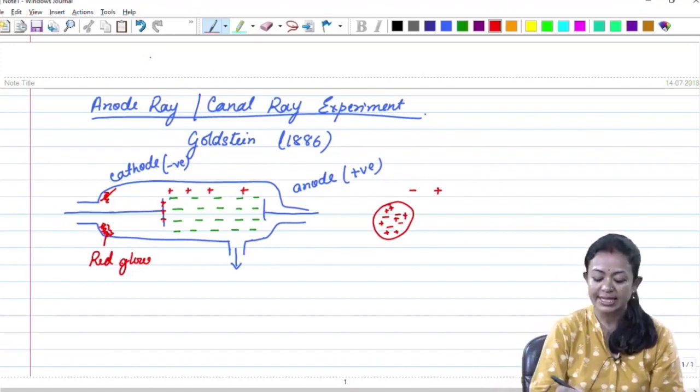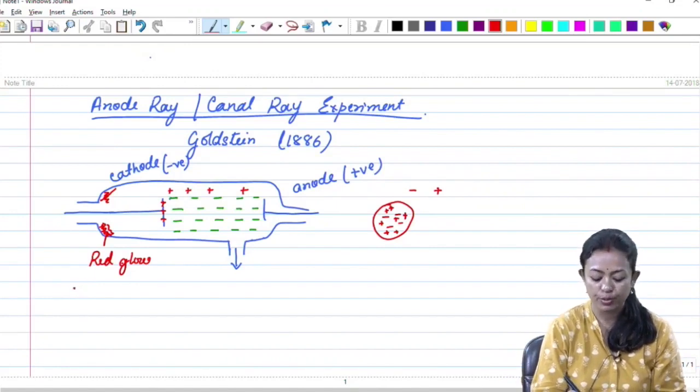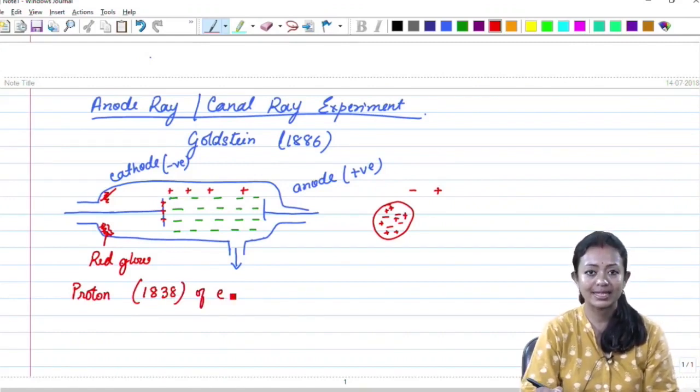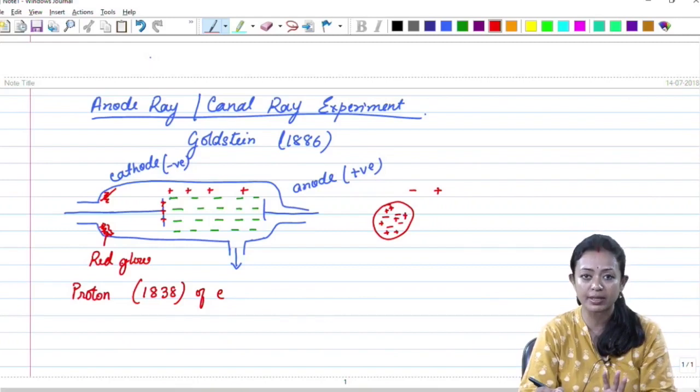Goldstein found that the mass, the size of this positive particle, which he later named the proton, was almost 1838 times that of an electron. That is, the size of a proton is comparatively large.